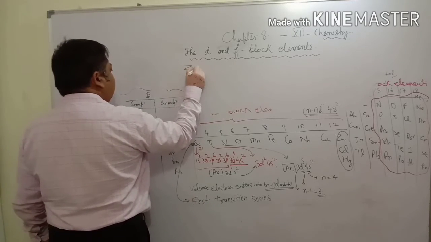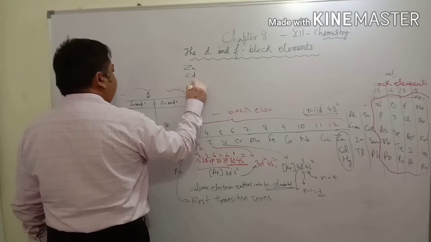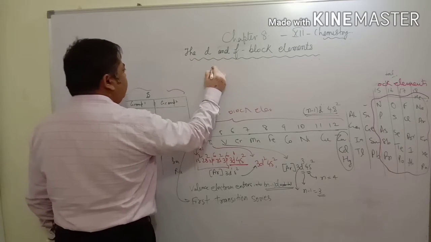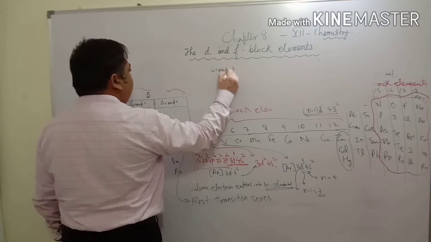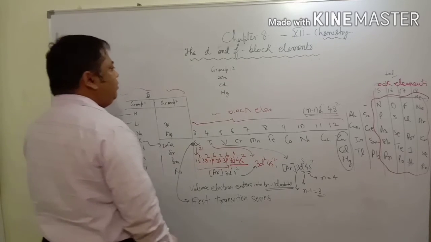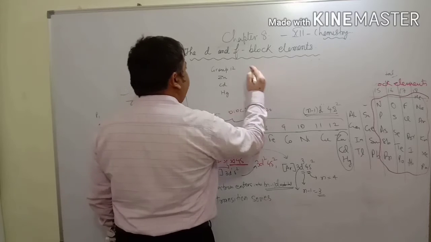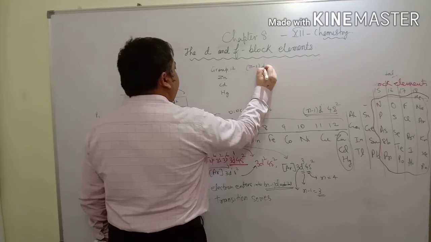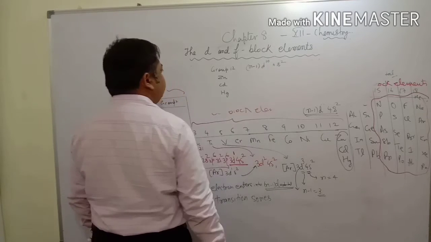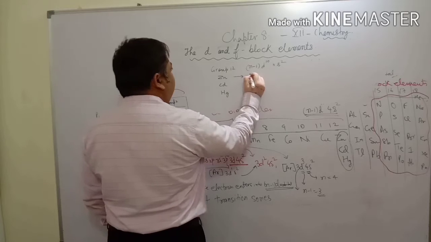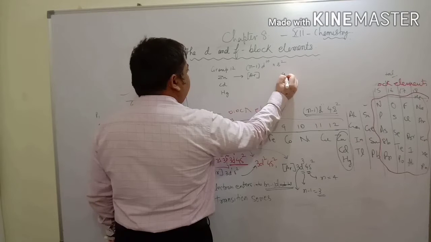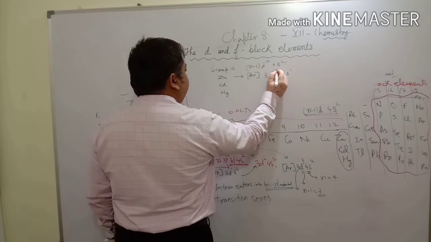Zinc, cadmium and mercury belong to group 12. They have a general configuration of n-1 d10 ns2. For zinc it is argon 4s2 3d10.